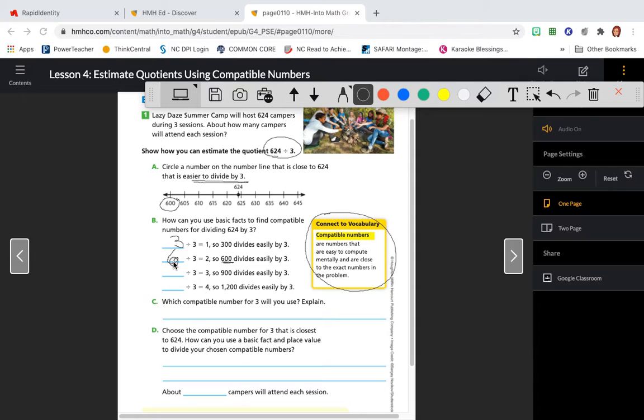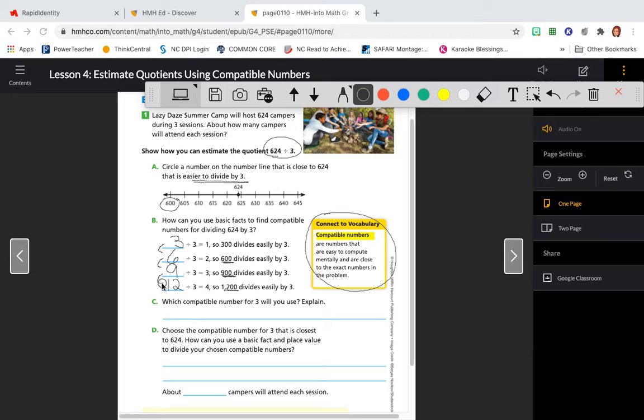And we can keep going. What number divided by 3 equals 3? 9. And then 12 divided by 3 equals 4. Now we've used our basic facts. If you notice a pattern with these numbers, you're adding 3 every single time. So we're looking for those patterns with the numbers.